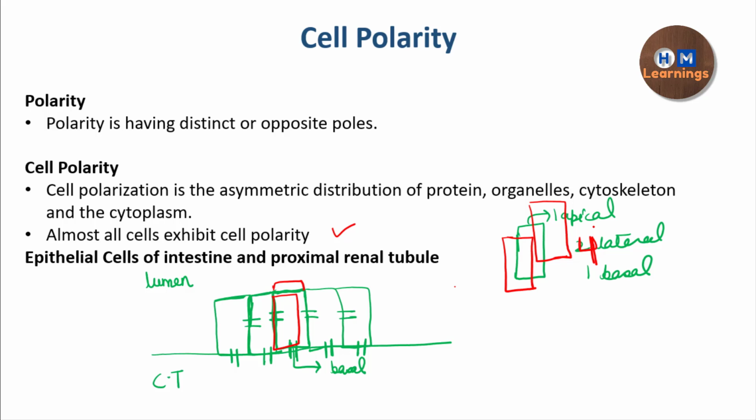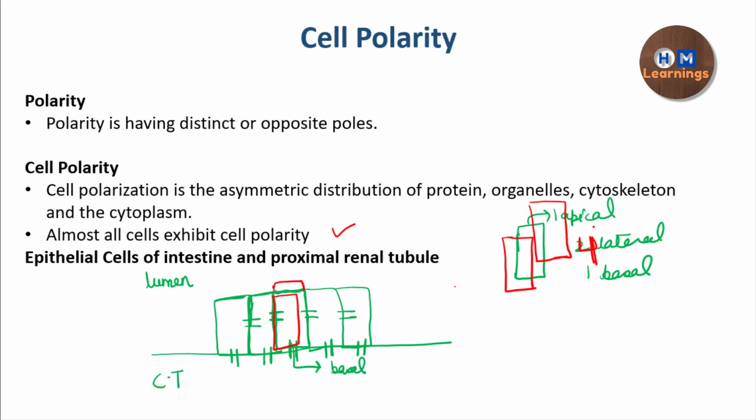In the case of polarity, what we are seeing is that the apical side of the cell, or more accurately the apical membrane or apical surface, has proteins and a morphology which are different from the basolateral sides of the epithelial cells.